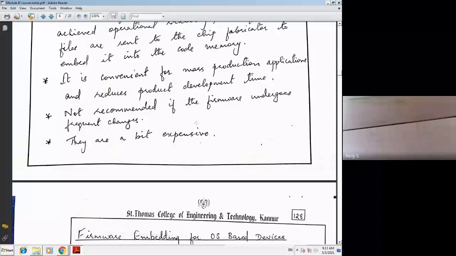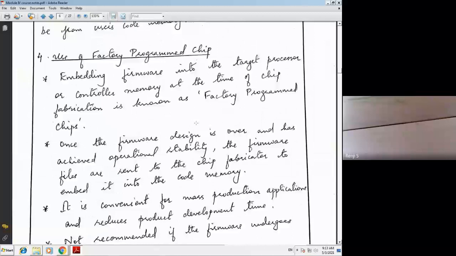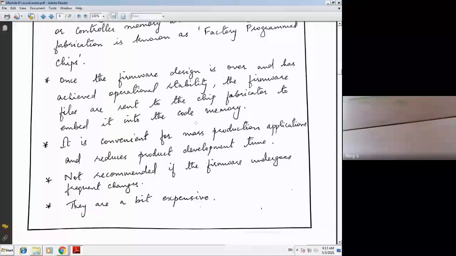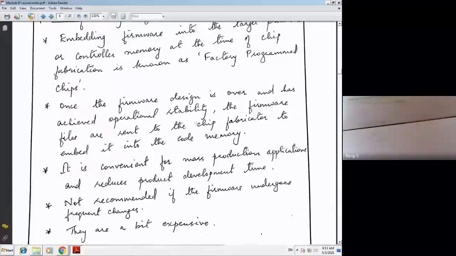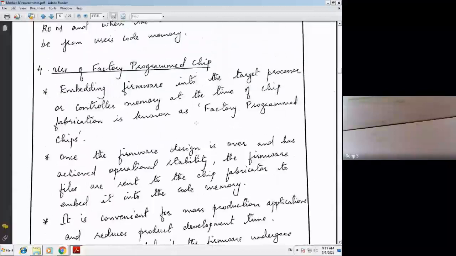They are also a bit expensive, because testing is done by the developers, and then it has to be sent to the manufacturing unit, which manufactures the chips based on the developers' requirements. But if a large number of chips are required, this is the most suitable method. That is the use of factory programmed chips.